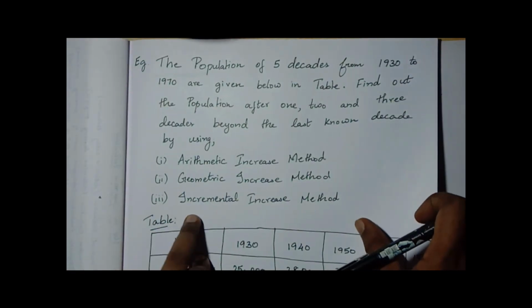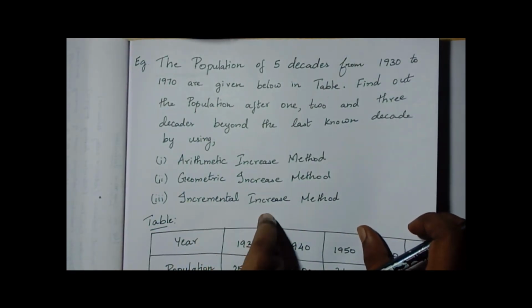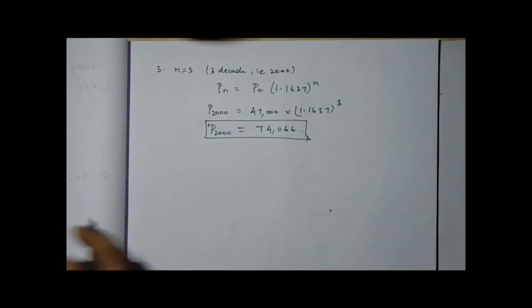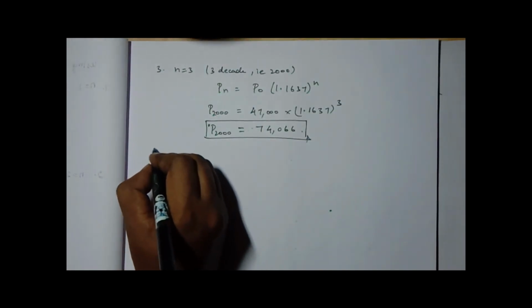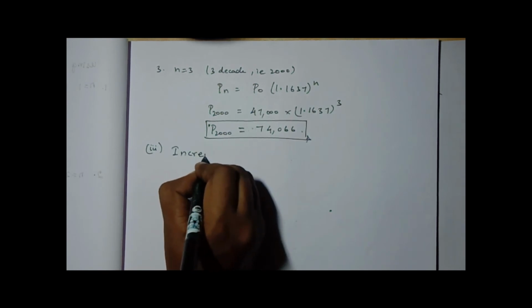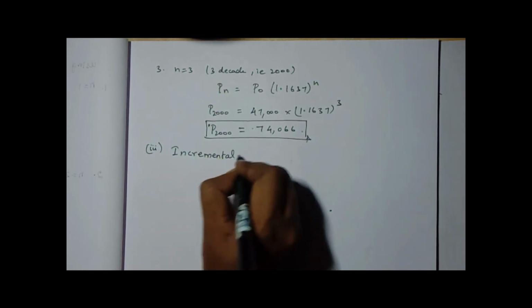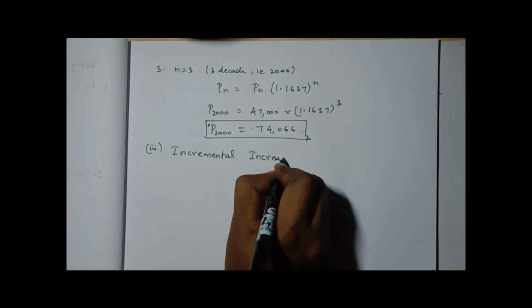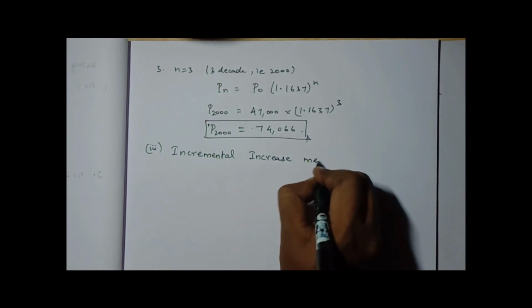So we are moving to the next method, which is the incremental increase method. So the last method is the incremental increase method. From the examination point of view, they may ask any of the methods. It is a very easy and simple process, with simple calculations which you can do on your own.